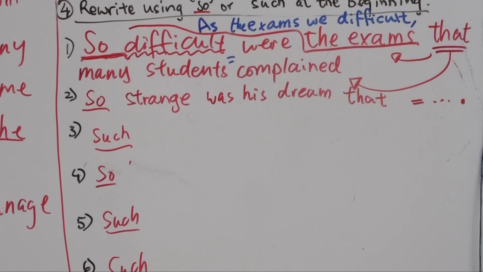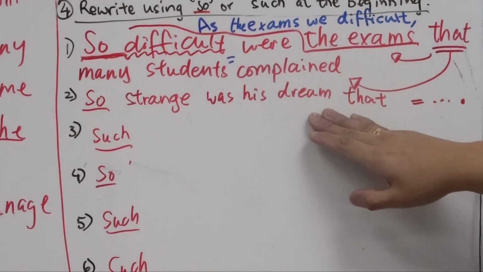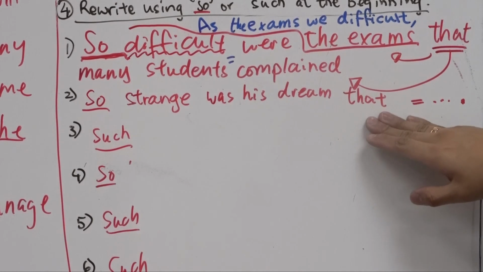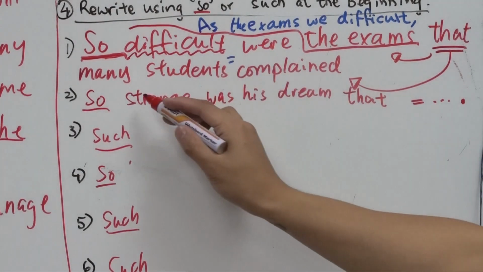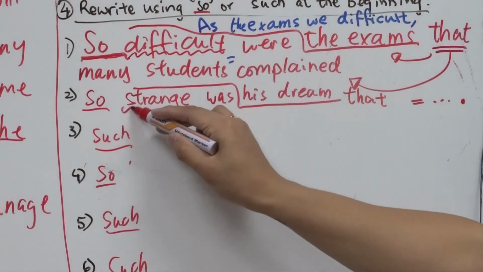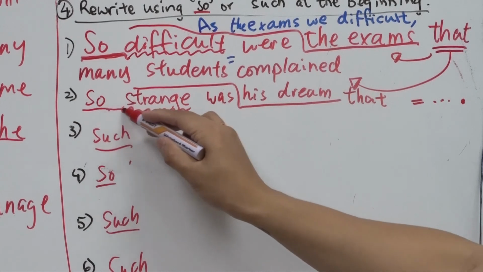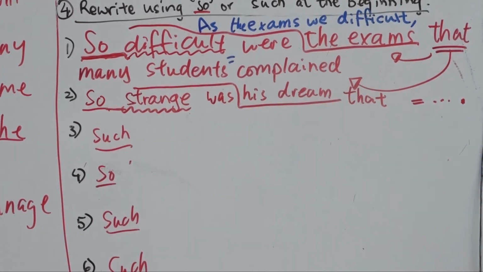So strange was his dream that his psychiatrist wrote it down in his medical journal. His dream was so strange that, etc. So you can see here, this part is easier than the first question because the structure is already there. You only did the switch, the inversion. Again, strange is in a special position paired with so. Was his dream was so strange. Do you see?